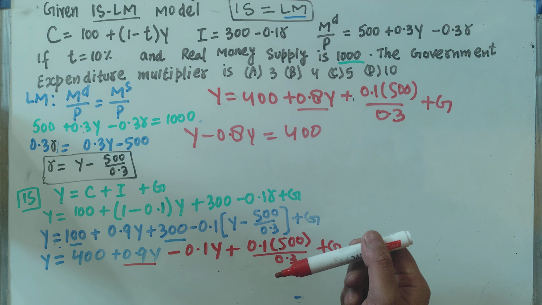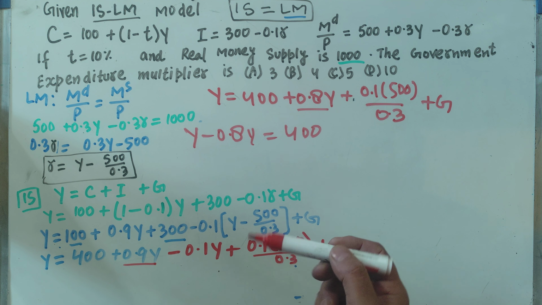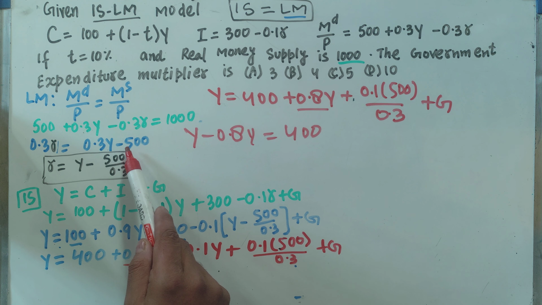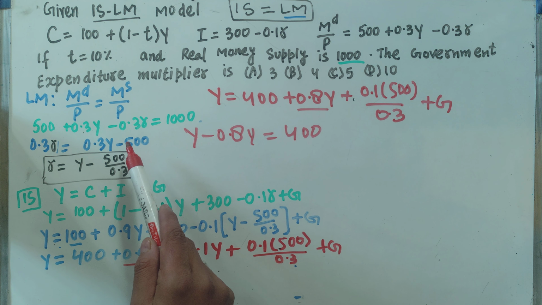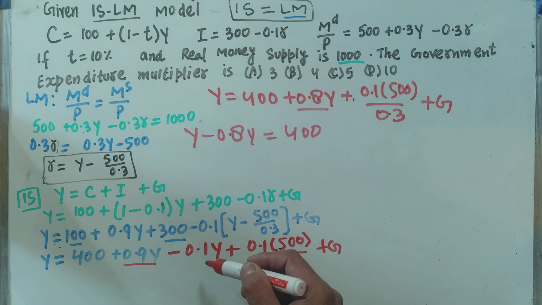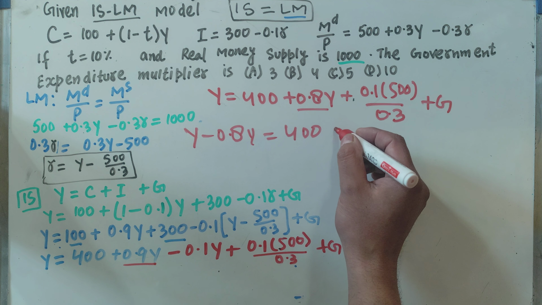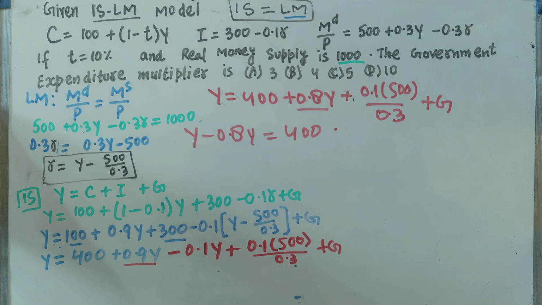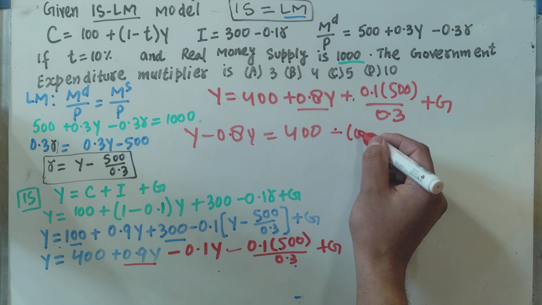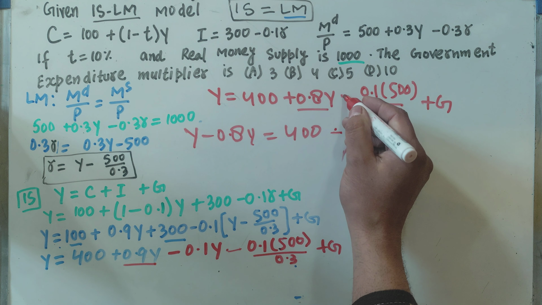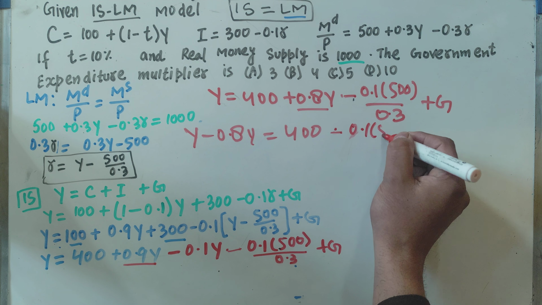Actually, it should be minus here, since we have minus R. So here it is minus 0.1 times 500 divided by 0.3.